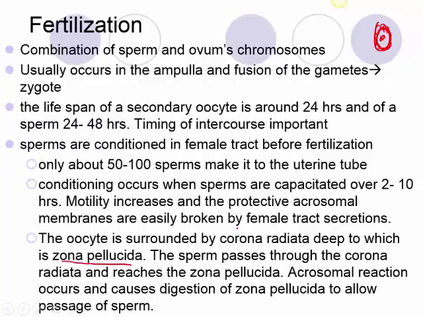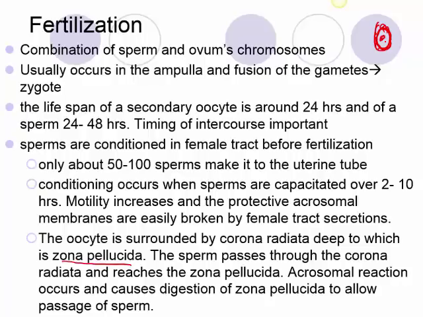So when the sperm passes to fertilize, it will pass through the corona radiata, pass through the zona pellucida, and reach the secondary oocyte. In the acrosome reaction, some enzymes are liberated. They cause digestion of the zona pellucida, and it allows the passage of the sperm. The moment one sperm passes in, this oocyte becomes impenetrable to other sperms, which is why at fertilization only one sperm is allowed to penetrate.